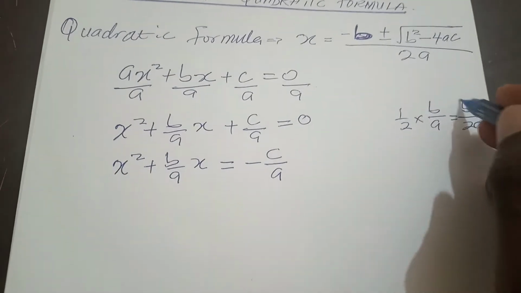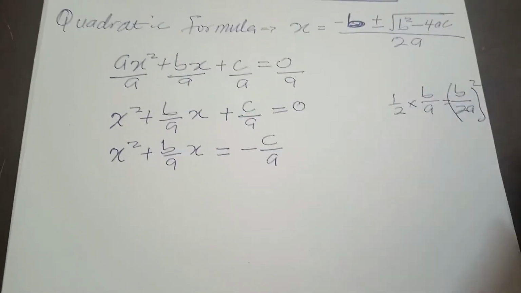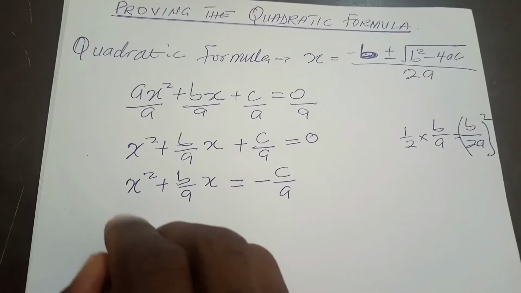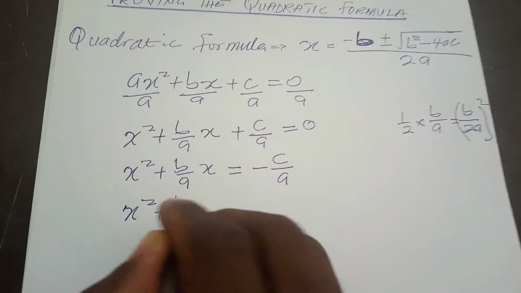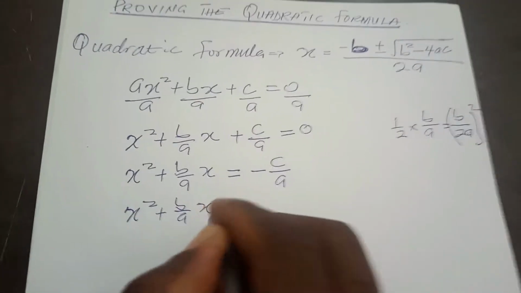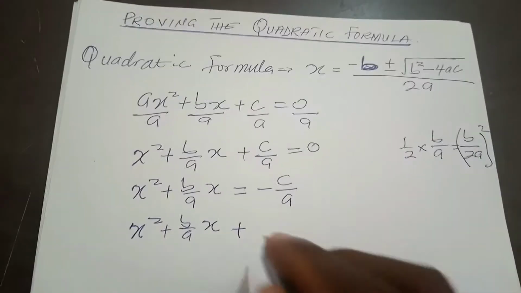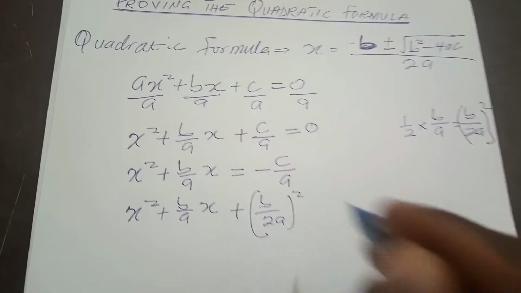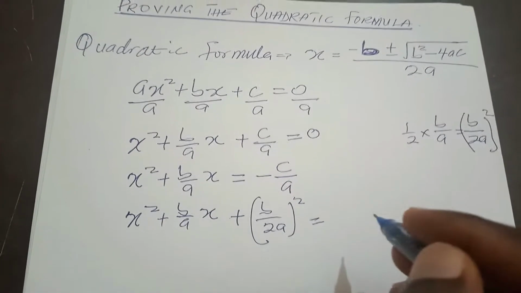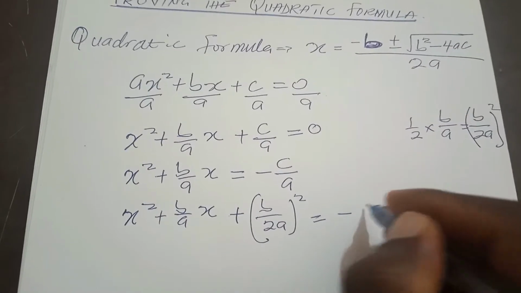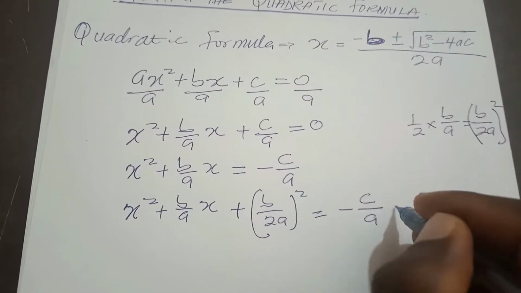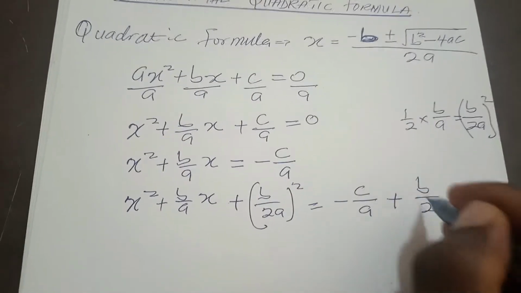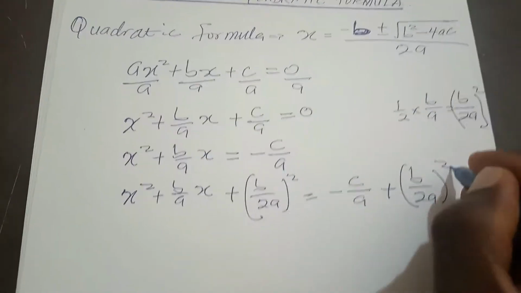So now we are adding the square of this to both sides of the equation, and that becomes x squared plus b over a x plus this square, b over 2a all squared, equal to negative c over a plus b over 2a all squared.